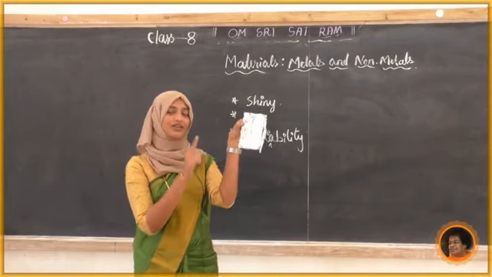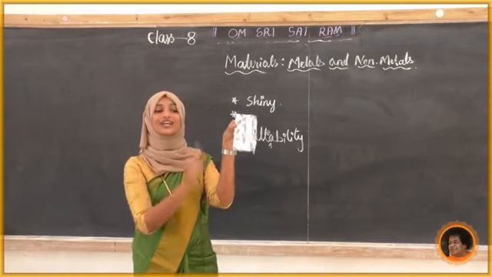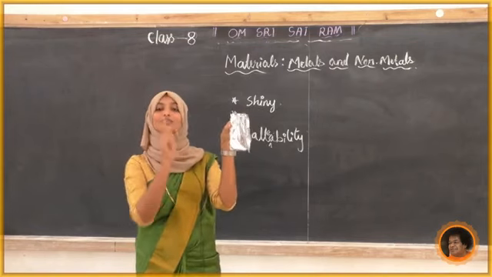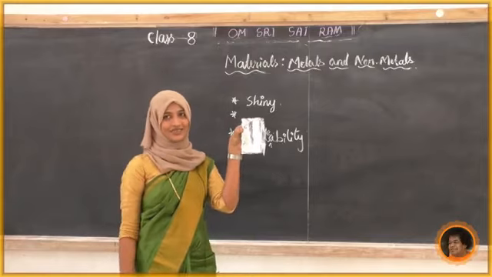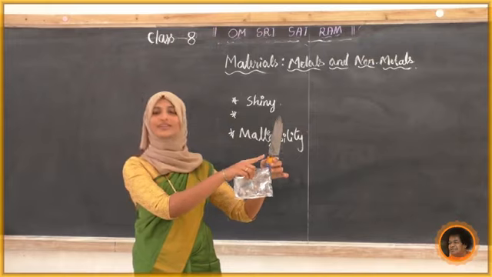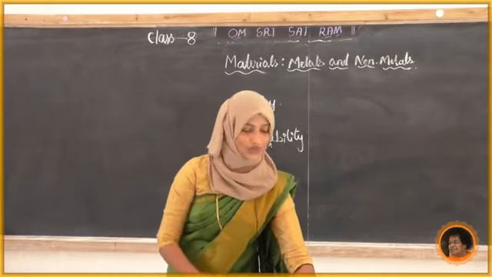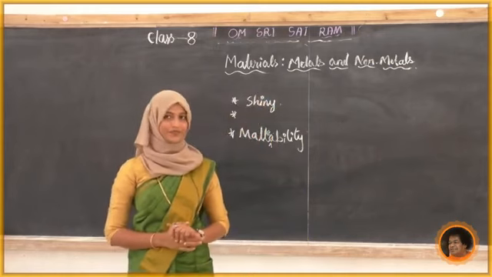So come to know what is malleability? The property of metals by which they can be beaten into thin sheets. The same thing the blacksmith is doing, the same thing the goldsmith is doing, to change its shape.